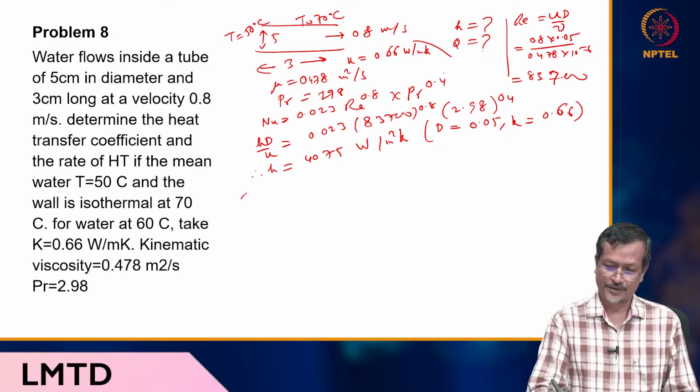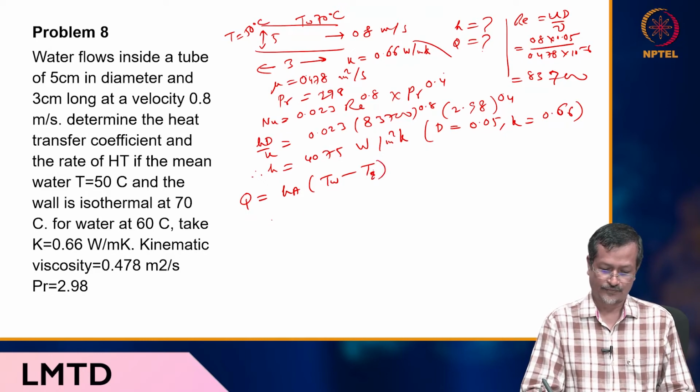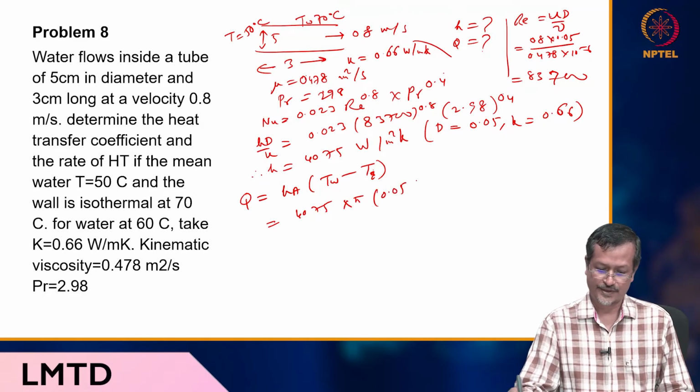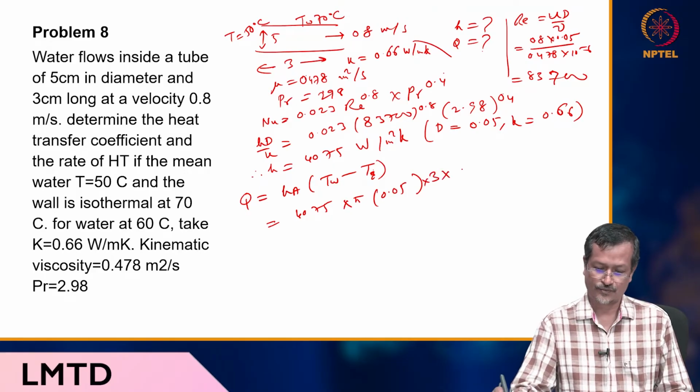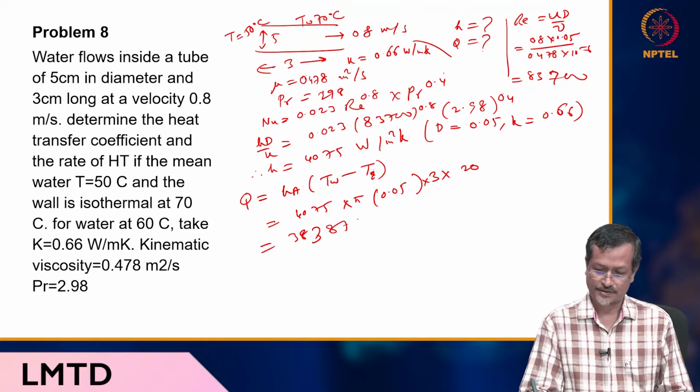So finally Q becomes H A (T wall minus T fluid), the outside temperature, fluid temperature. So it is becoming 4075 into pi into 0.05 into 3 into 20. So it is coming 38387 watt equals 38.39 kilowatt.